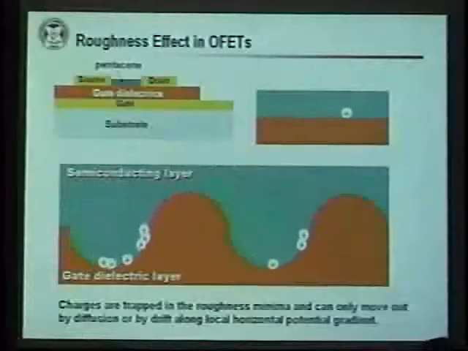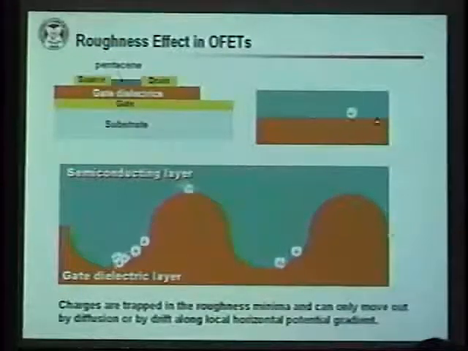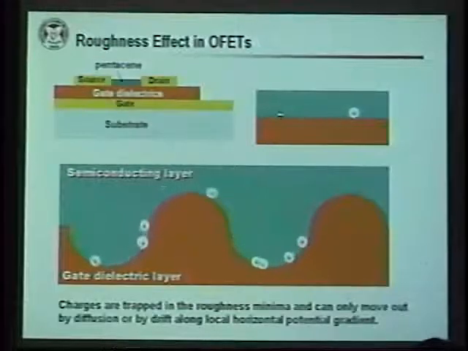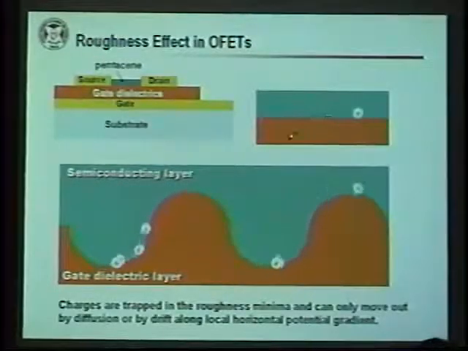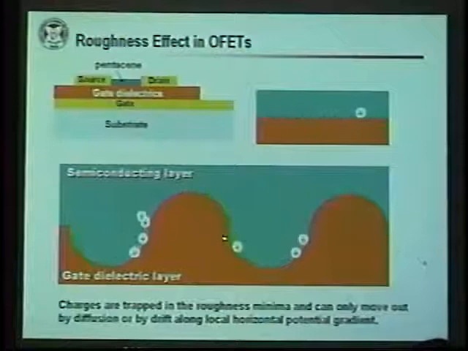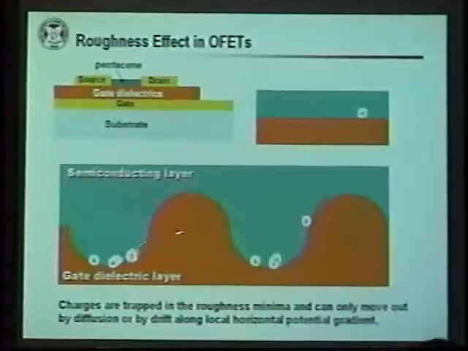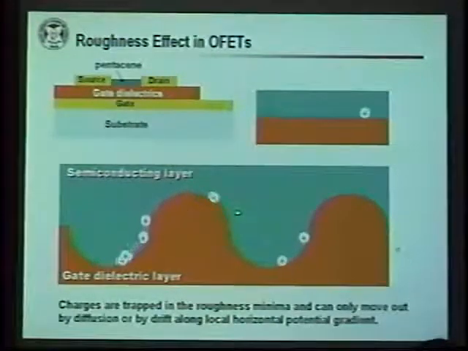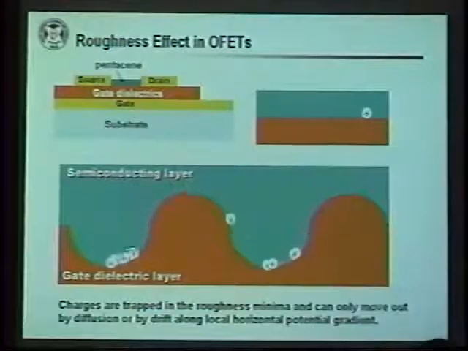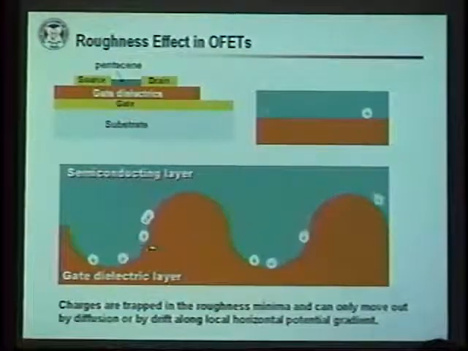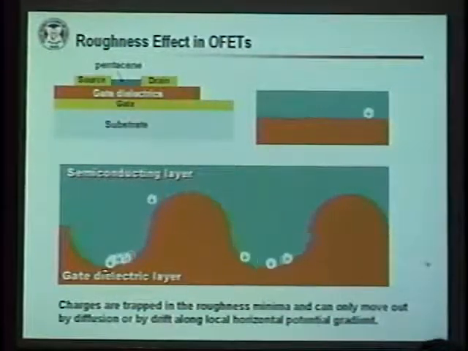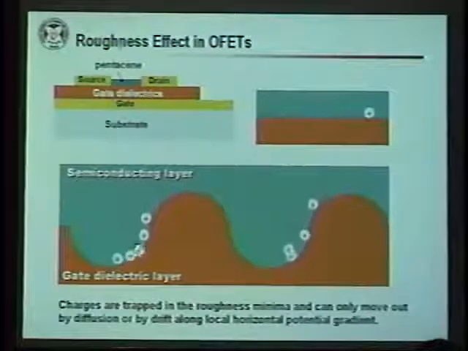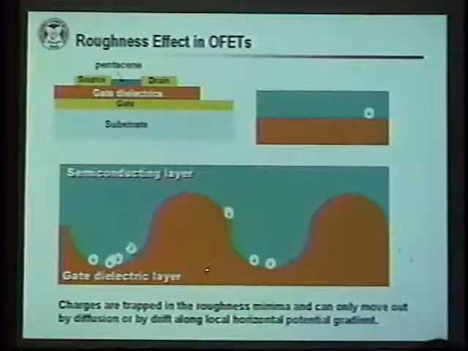Next. It's showing that if you have a very smooth surface, the charge carrier is moving very nicely. Suppose you have a roughness like this, the carrier cannot go in, kind of going back. If you increase the temperature or apply an electric field, you can overcome this energy barrier.